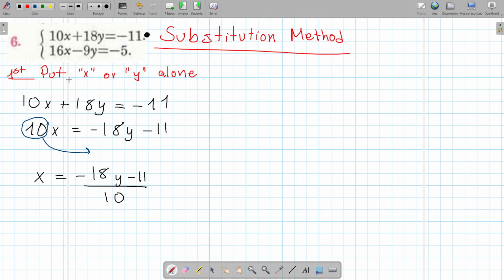So you have to choose any equation and which variable you want to be alone. I have chosen the first equation, the x. So now that x is alone, the second step is that we have to replace it in the other equation.